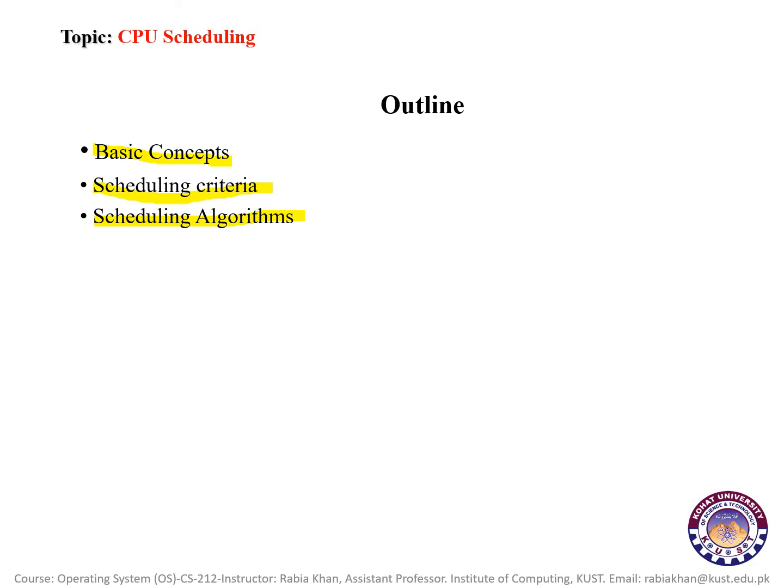The next variant is the preemptive version of shortest job first. In preemptive version, no matter which process comes first, either small or large, once CPU is assigned to it and when some new process arrives in RAM, if its CPU time is smaller than the remaining CPU time of the currently executing process, the currently executing process is then preempted and CPU is assigned to the newly arrived process.